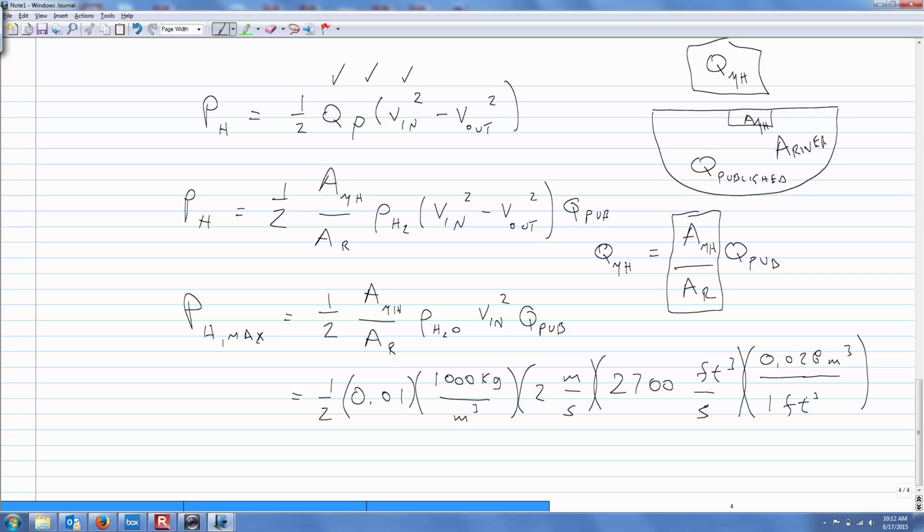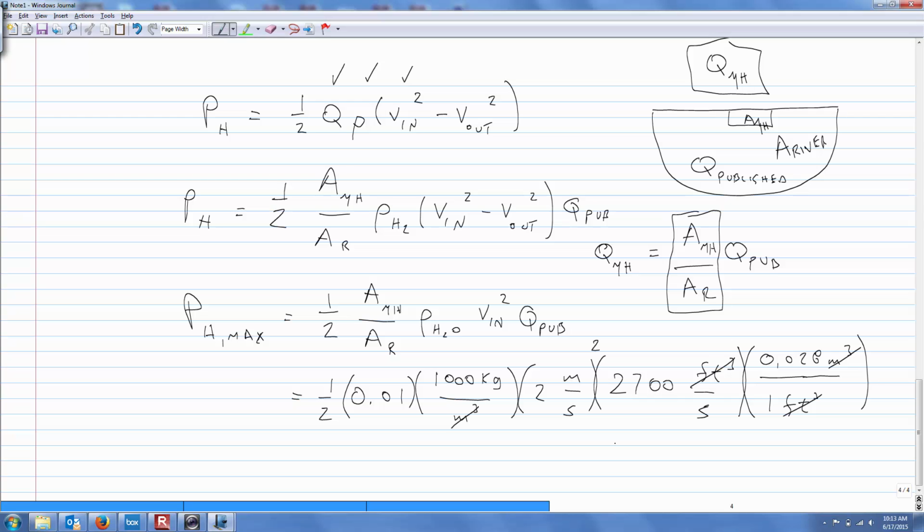Okay, so now feet cubed are going to cancel, meters cubed are going to cancel. We've got that area, we've got density, we've got kilograms still. And this is going to be meters squared, so let me pop that guy in. So now we've got mass, length squared, seconds in the basement squared. Okay, so now the units are correct.